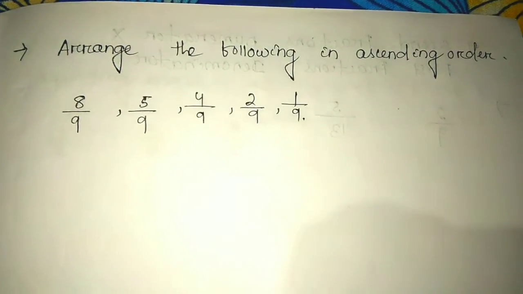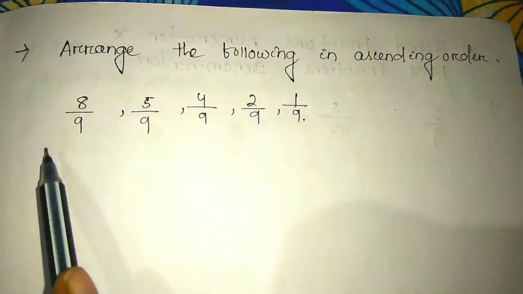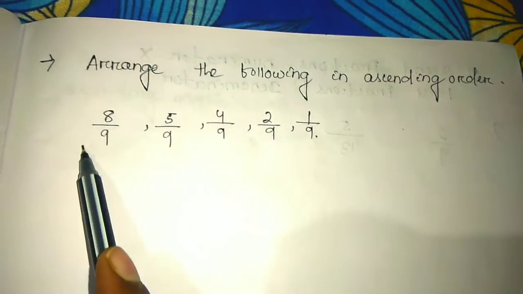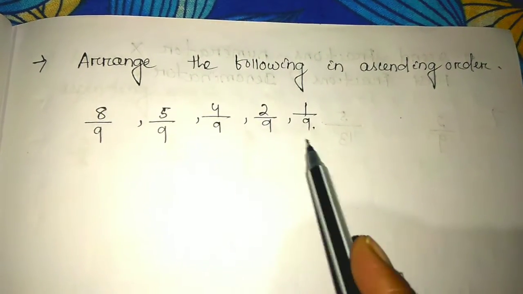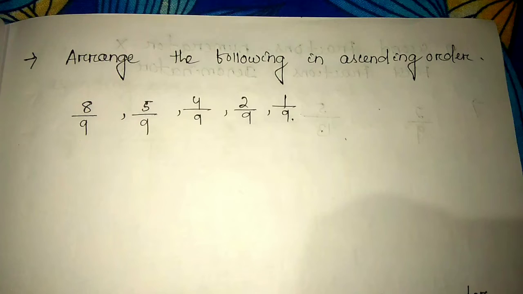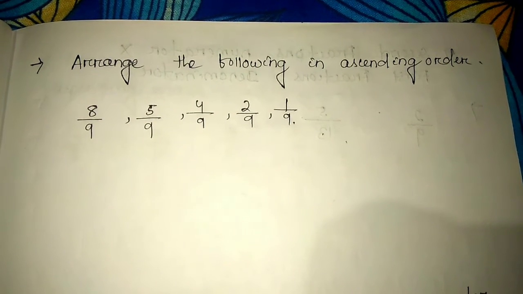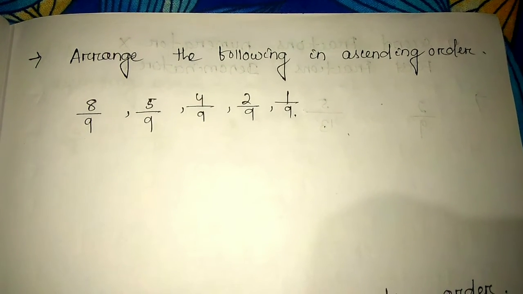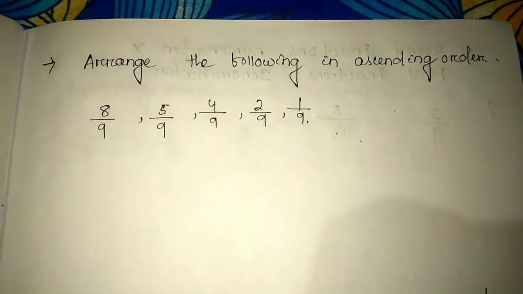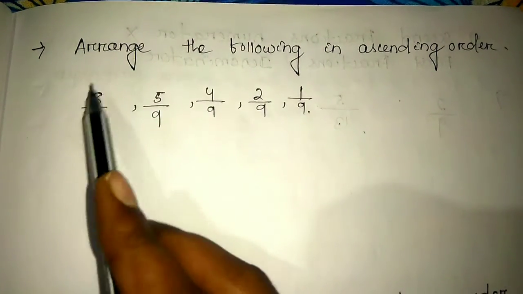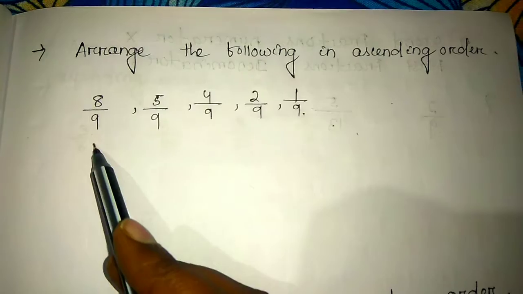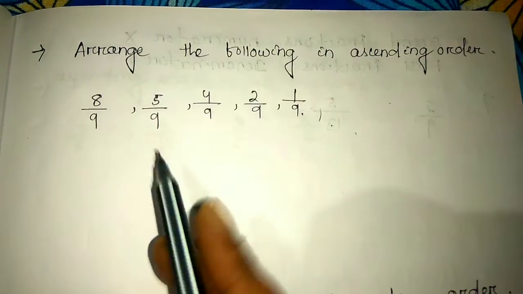Arrange the following in ascending order. These are given 5 like fractions and we have to arrange them in ascending order. So ascending order means we have to arrange these fractions from the smaller one to the larger one. So first you have to see the numerators, and here the denominators are same.